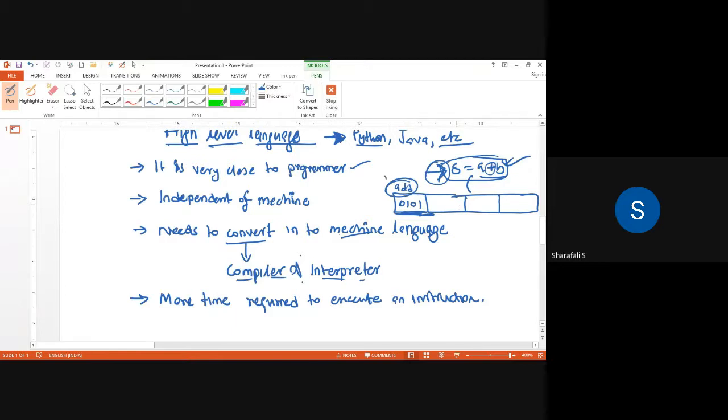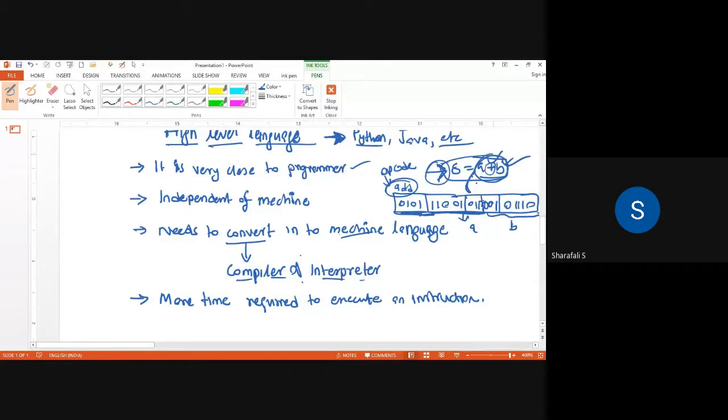That is the opcode, operational code, used for this plus symbol. The remaining digits are used for the operands. The next 8 bits represent the number A, and the next 8 bits are for B. So this is the instruction S equal to A plus B.